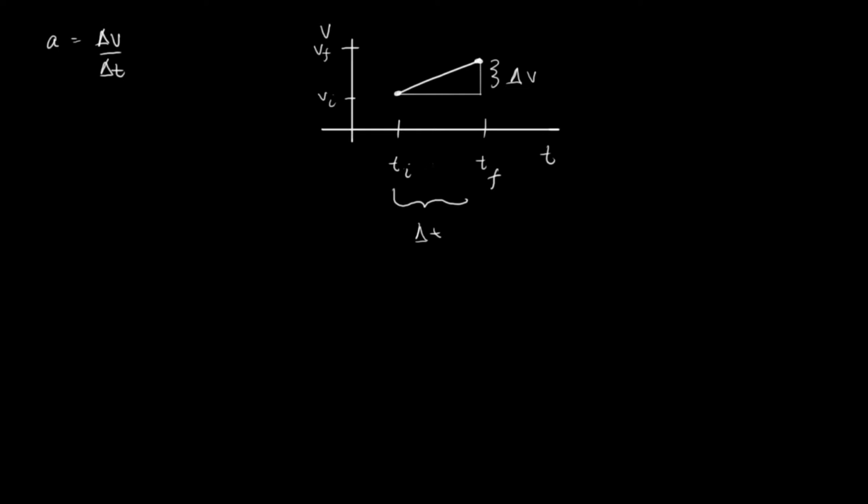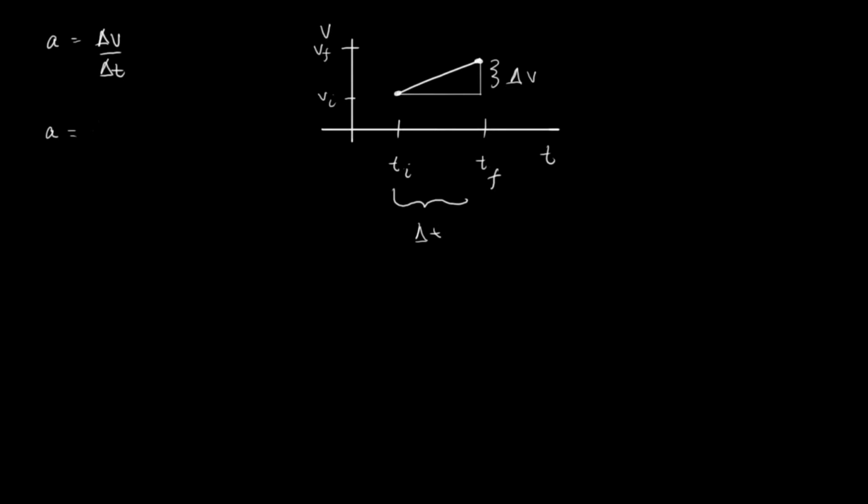So we can look at this and say, well, A is nothing more than the slope of this. When we write A is equal to delta V over delta T, we're talking about the average acceleration. However, just for notation, I'm just going to call it acceleration.